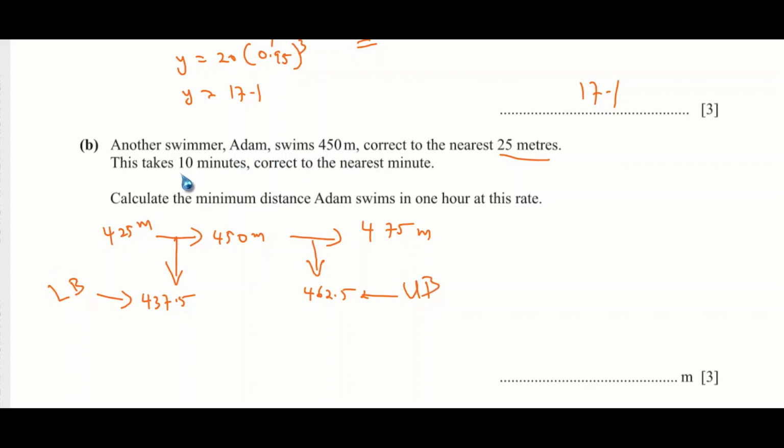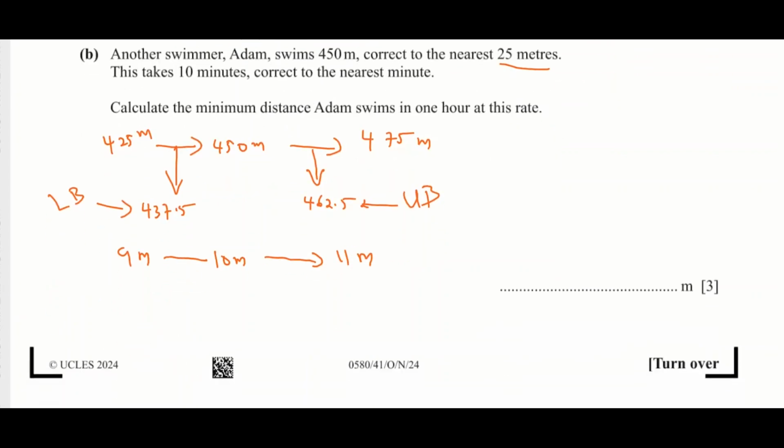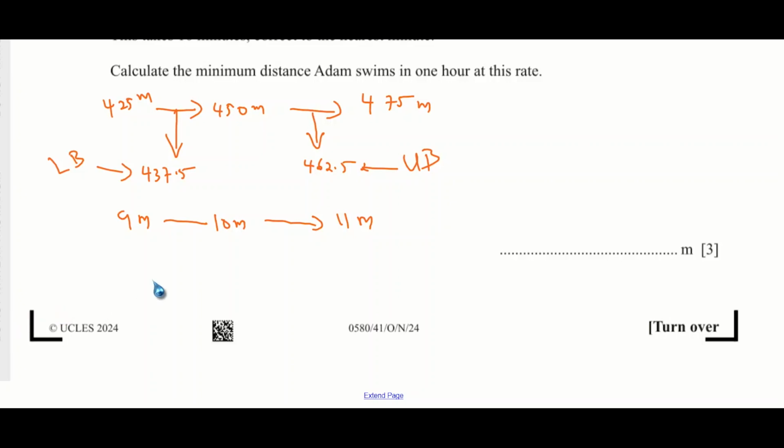Okay, so for the time, 10 minutes correct to the nearest minute. So if you have 10 minutes here, to the nearest minute, it means we count in ones. So the next one will be 11 minutes, and the one before it will be 9 minutes. So also we can get the lower and the upper bounds. So the lower bound will be the mid number here.